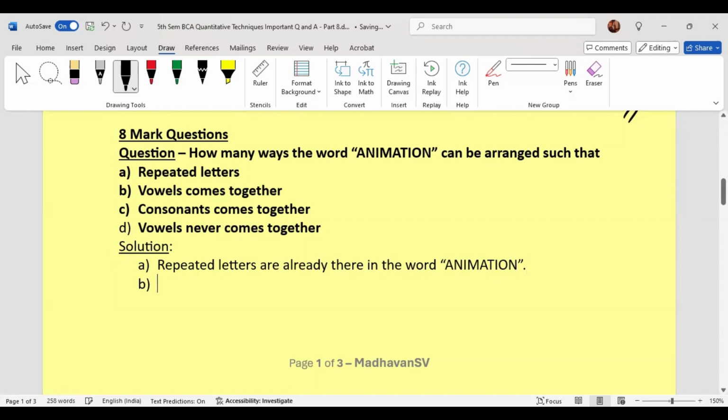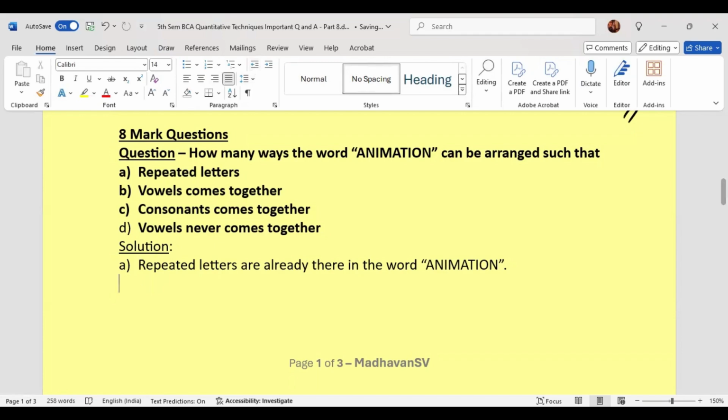So we can directly find the number of permutations. The number of ways is equal to how many letters are there in animation. You may notice there are 4 plus 5, 9 letters. So 9 factorial divided by 2 factorial, since A is repeated twice. N is repeated twice, so 2 factorial.